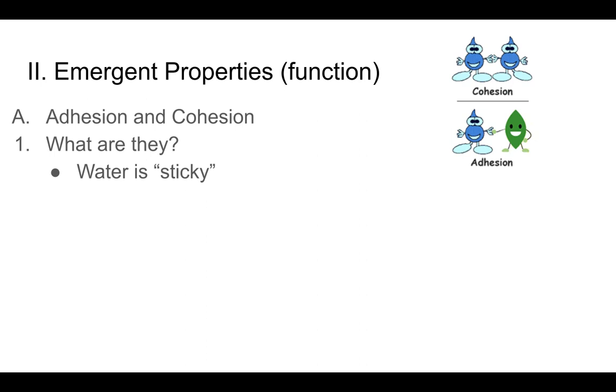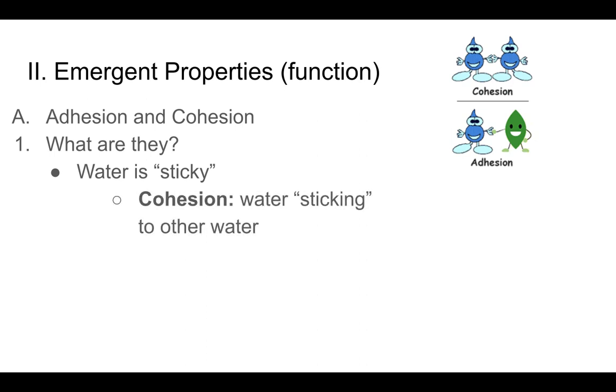And the reason that it can stick to a lot of things is because, number one, it has a positive and a negative end, so it can attract itself to something that is positively charged by using its negative end, and it can attract itself to something that is negatively charged by using its hydrogen feet, because those are positive, right? Positives and negatives are attracting. But also, water is sticky because of those hydrogen bonds.